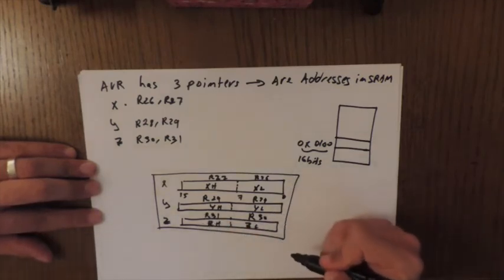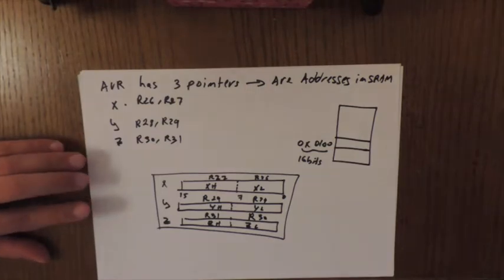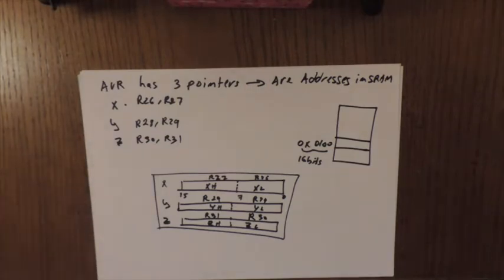So these 3 pointers, we can use them conveniently to have a way to have arrays. So let's work with the first instruction, which uses these pointers.